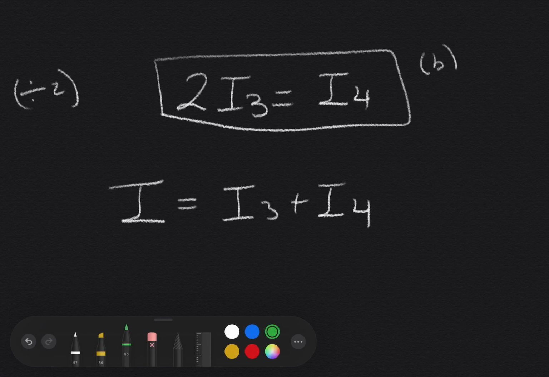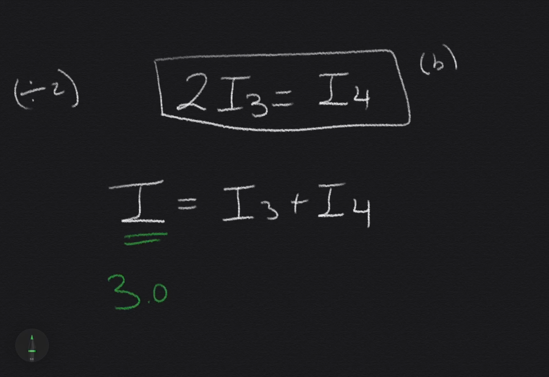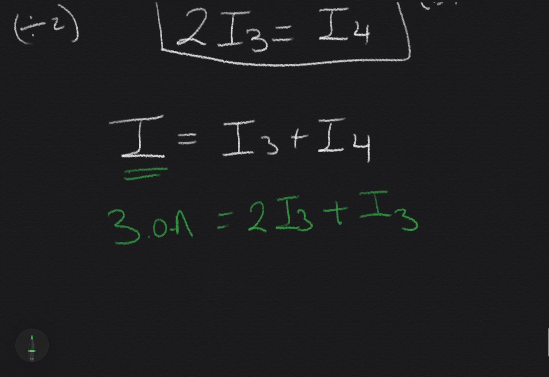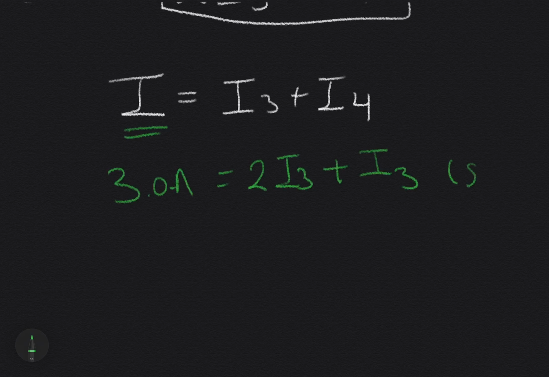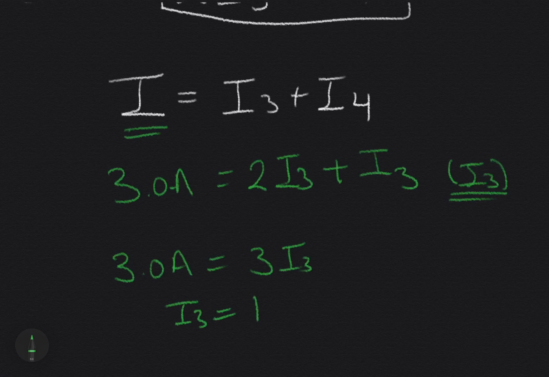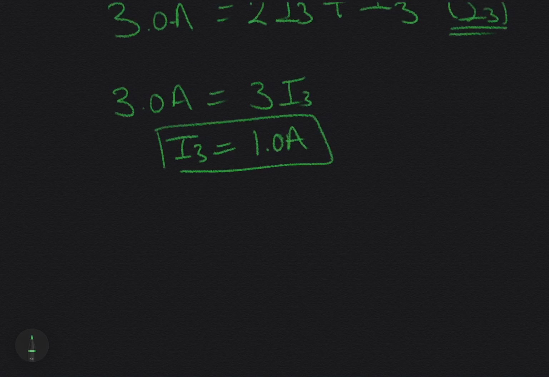So the green, the total was 3.0 amps is equal to 2I3 plus I3, and this is all in terms of I3, and almost there, 3.0 amps is equal to 3I3, so I3 is equal to 1.0 amp. Okay. All right, so that means that if I3 is 1 amp and the total is 3 amps, then by default I4 is equal to 2.0 amps.